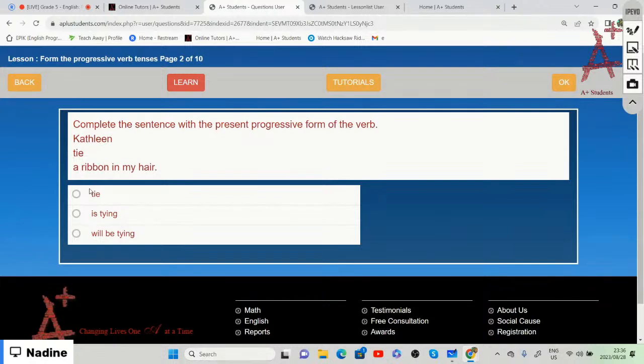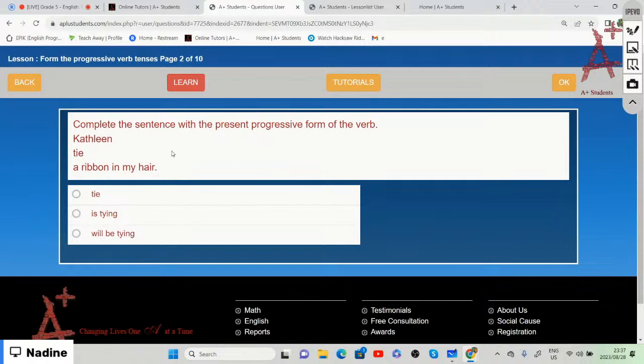Kathleen tie a ribbon in my hair, right? Complete the present progressive form of the verb. So tie. Is it tie a ribbon in my hair, is tying a ribbon in my hair, or will be tying a ribbon in my hair?